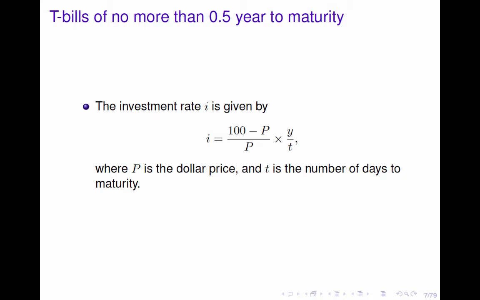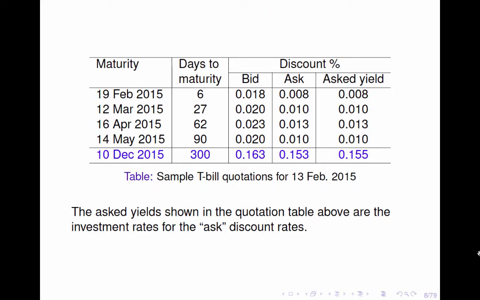Here's a table of sample T-bill quotations for February the 13th, 2015. The first column is the maturity dates of the T-bills, and the exact number of days to maturity is listed in the second column. Both bid and ask quotations are given, in terms of the discount rate.